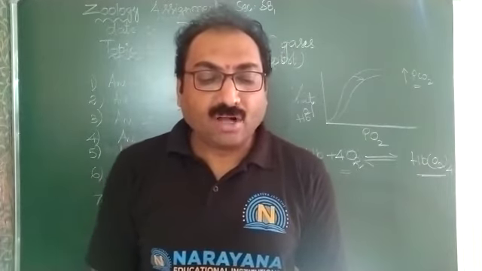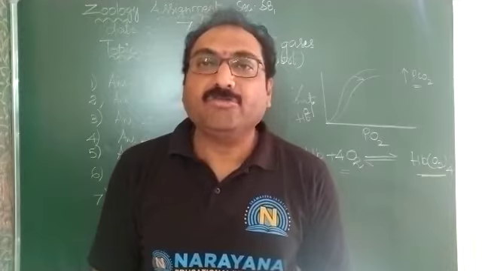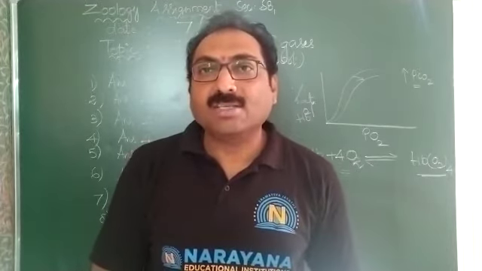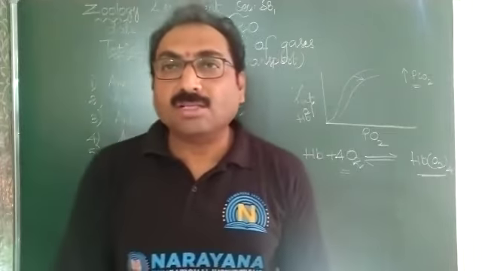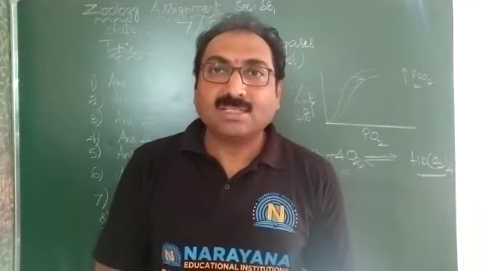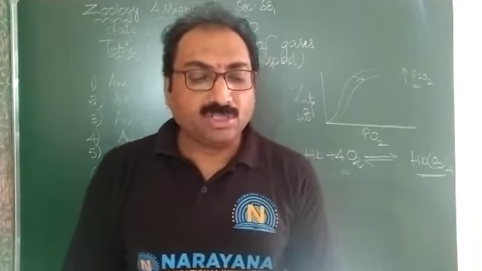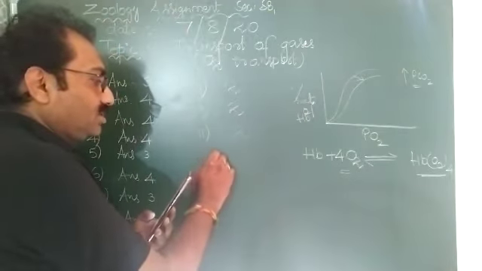The dissociation of oxyhemoglobin will increase if the pH of the blood falls. That means when the acidic nature increases, the oxyhemoglobin will undergo dissociation. So answer for 11th question is 2.